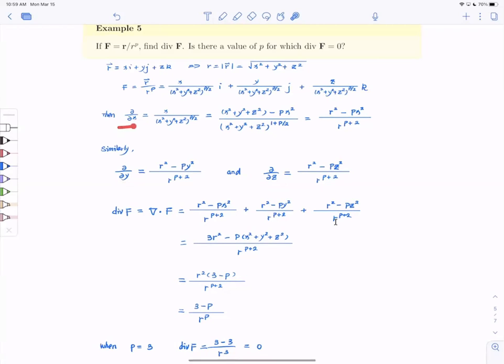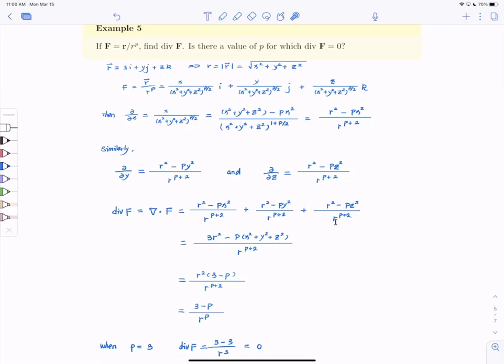So to calculate that, we need to know those P, Q, and R. So we need to first know what our r is, not the vector r, but this r equals x squared plus y squared plus z squared to the power of 1 over 2, which is the square root of this. So using that, we can calculate those three. And because we have this, we can represent your x, y, z in terms of r.